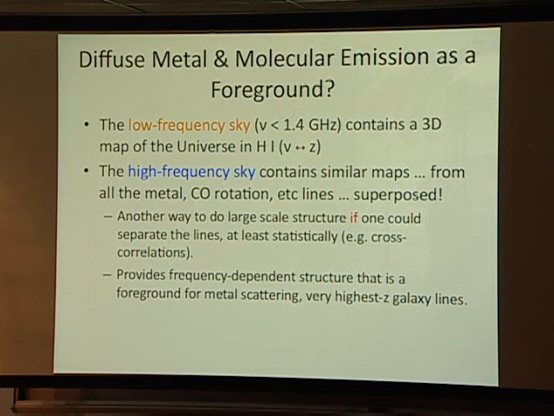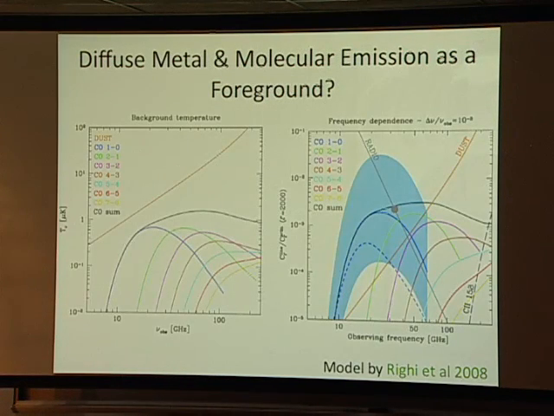So in principle, you could imagine that as another way to do large-scale structure, at least statistically through cross-correlations. You can separate the contributions of different lines. But it's also a foreground for this metal scattering business. And here's a model of these things. It's a fairly simple model. It was based on taking line ratios from redshift 2 to 4 galaxies and filling the universe with things with those line ratios.